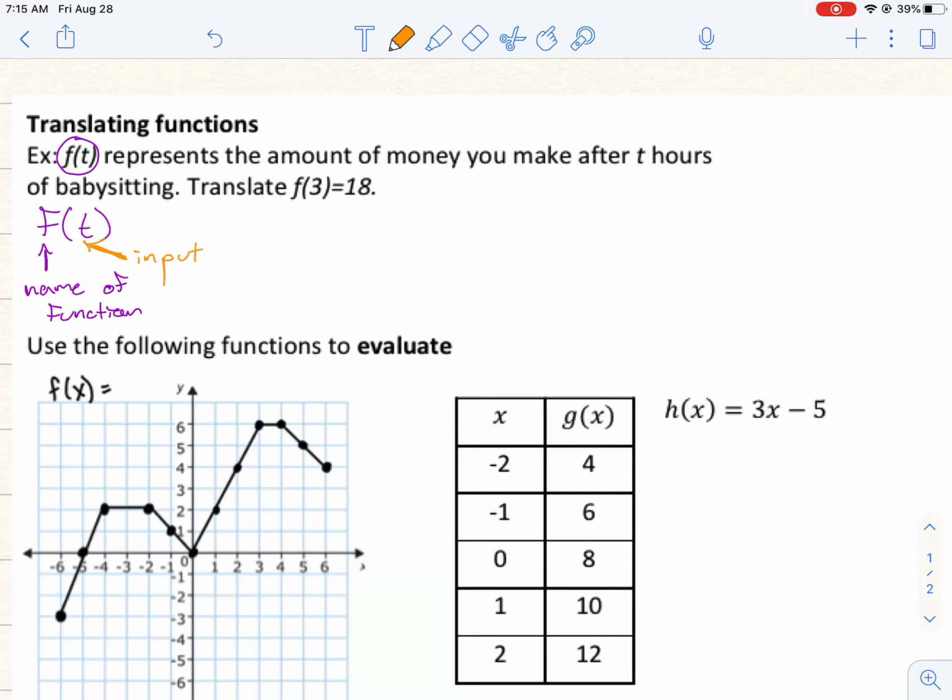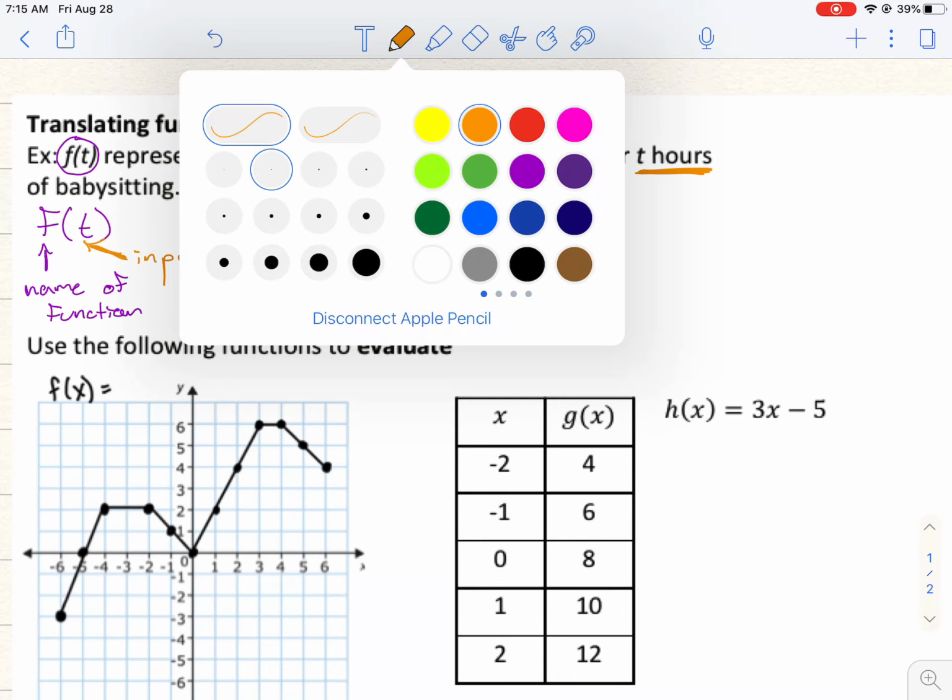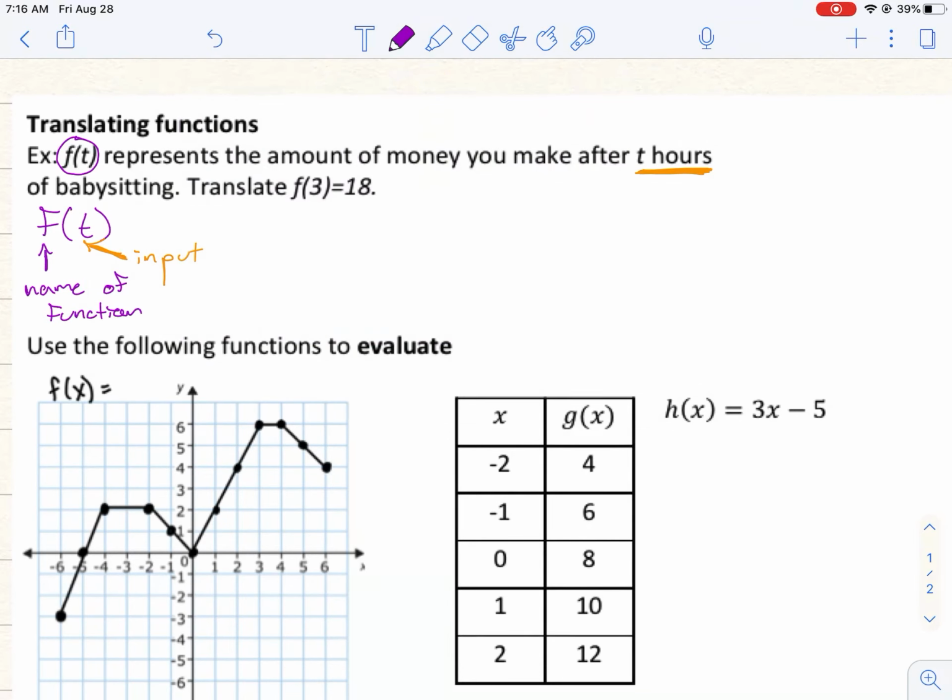Here, t is representing the time in hours, and the function itself is the amount of money you're making.